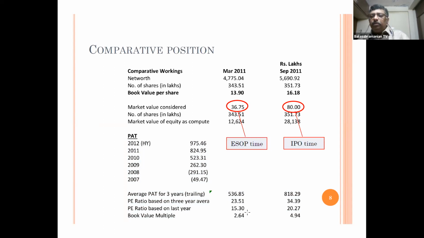So this is something which very clearly shows that the valuation of 126 crores at the average PAT or the latest PAT was at a much lower PE versus a much higher PE being considered when it was being done for IPO valuation. So this clearly again postulates the same position that the valuation for IPO, the valuation for strategic investments, and the valuation for ESOP could be on completely different or varied approaches.